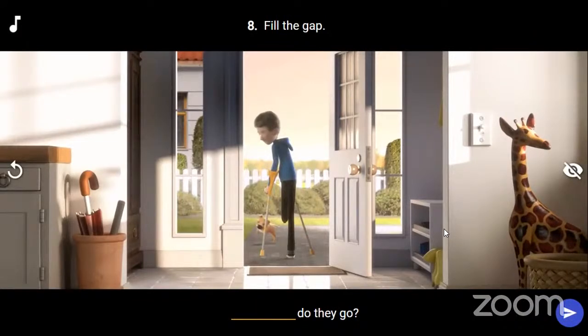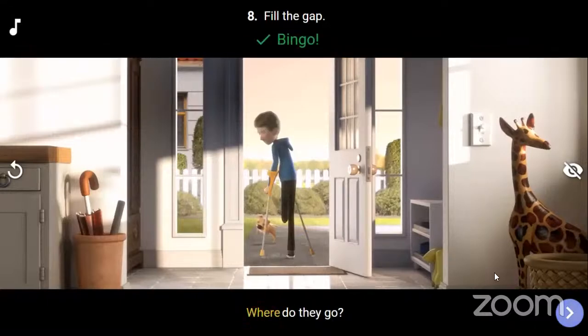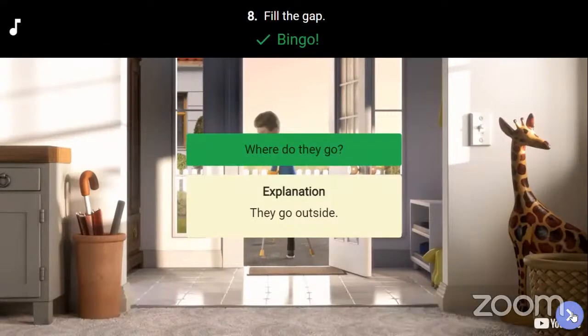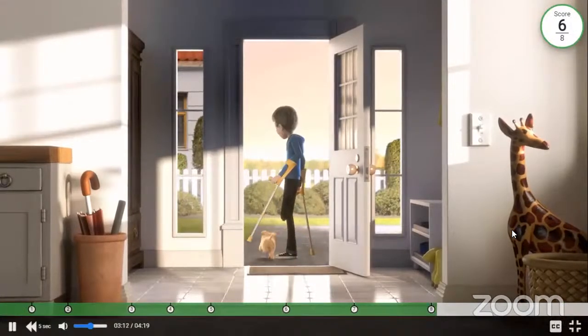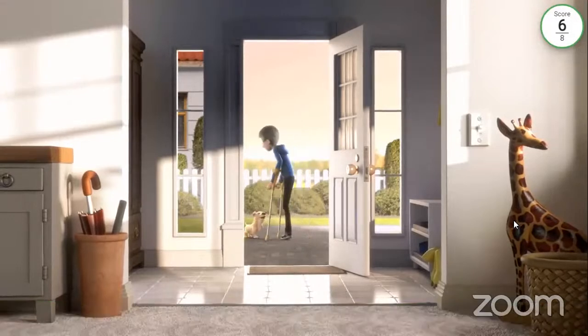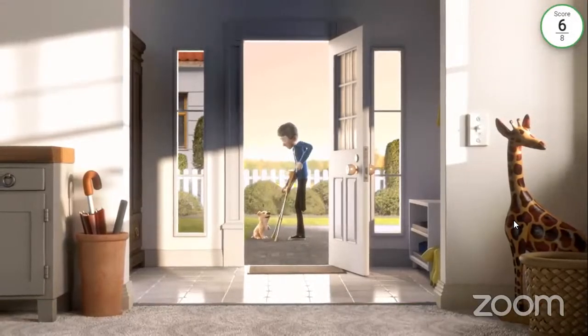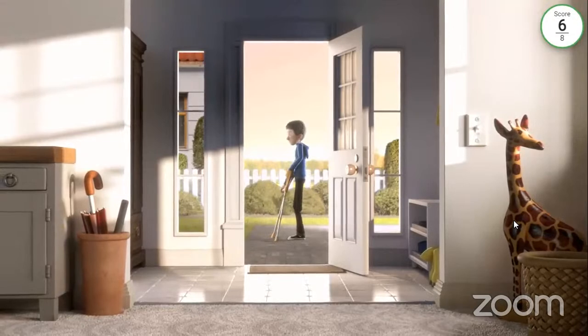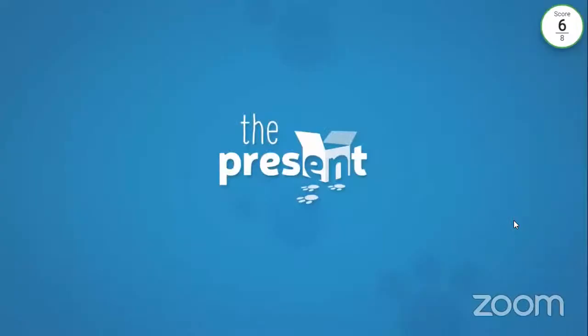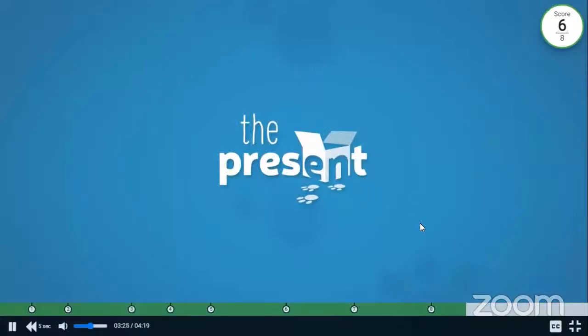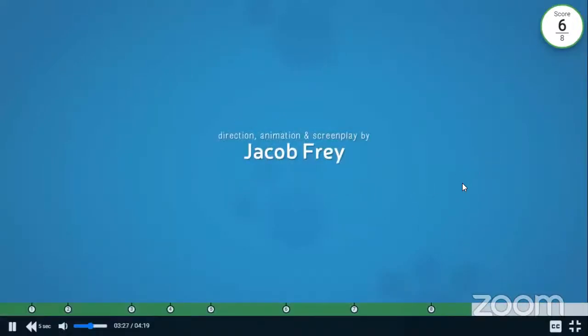Where do they go? Okay. Illuminates the past. My heart sleeps.